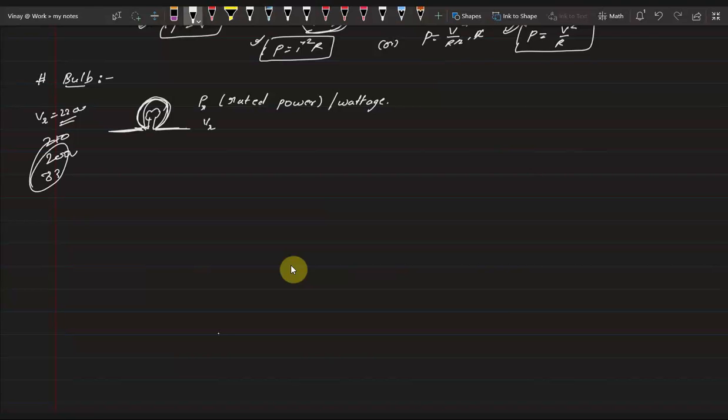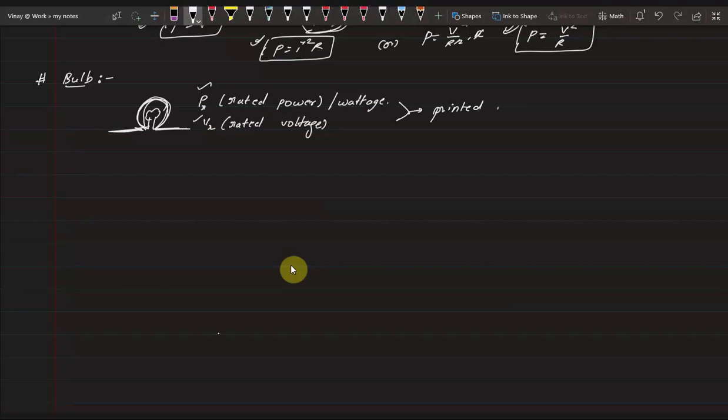Like that, they will give the potential. This is called the rated voltage. After the class, open any bulb in your room and you will see these two printed on the bulb.